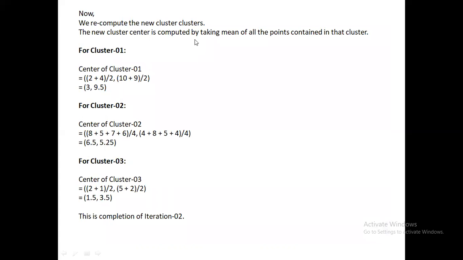Now we recompute the new cluster centers by taking the mean of all the points contained in each cluster. In cluster 1 we have 2 data points, and after calculating their mean, we get the new center (3, 9.5). After taking the mean of all the data points in cluster 2, we get (6.5, 5.25), and after calculating the mean of all the data points in cluster 3, we get (1.5, 3.5). So this is the completion of iteration 2.